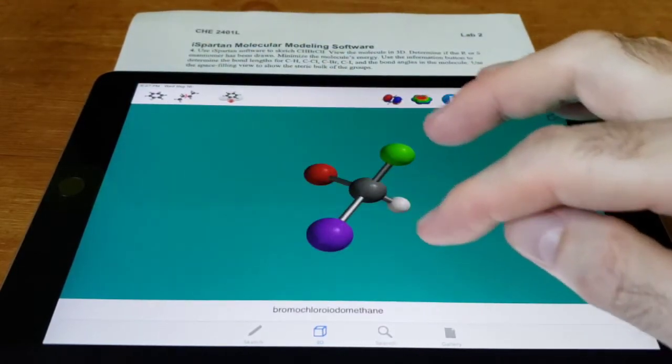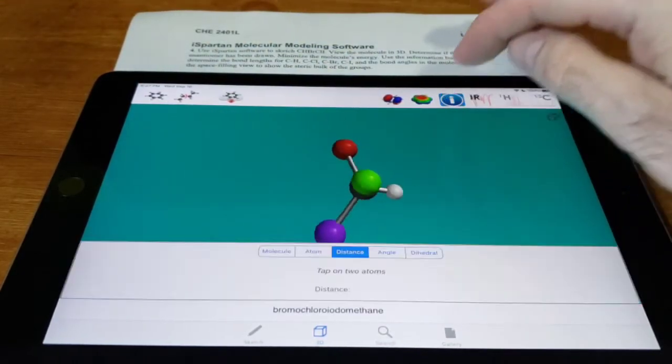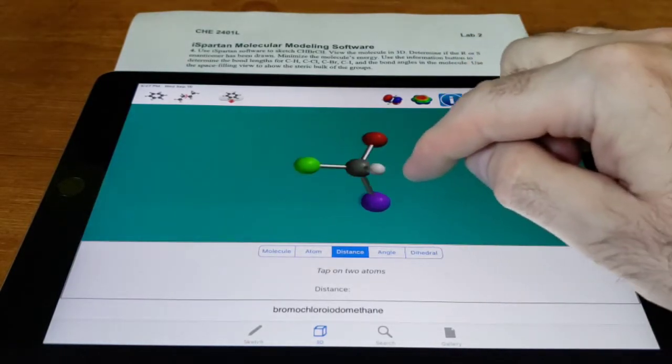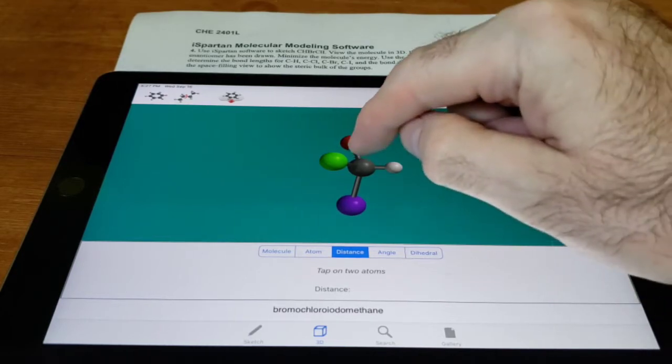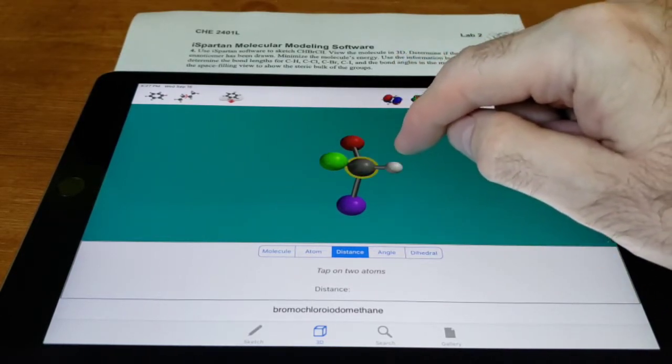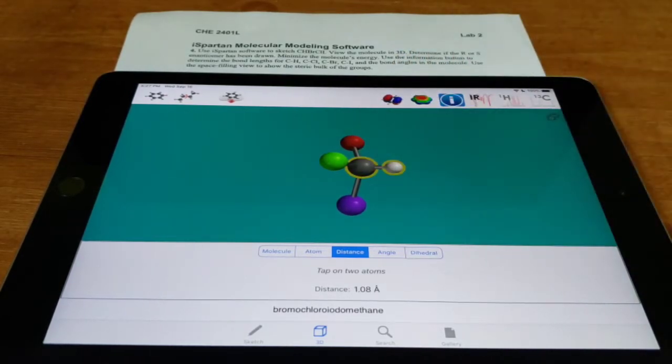Okay, the other thing that we can do is, on the information page, I can find some distances. The distance from a carbon to a hydrogen is listed as 1.08 angstroms. An angstrom is 10 to the negative 10 meters. Now that's not an SI unit of distance.